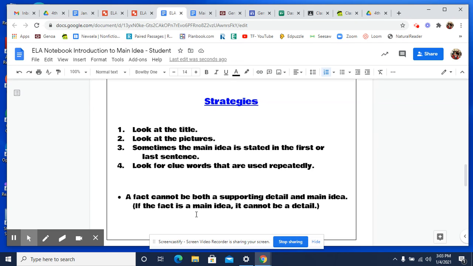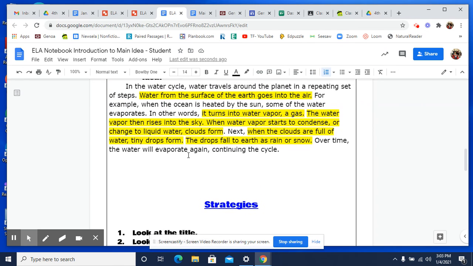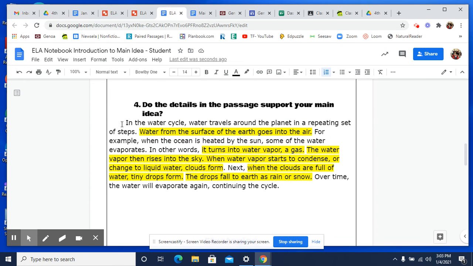What I mean by that is if the fact is the main idea, it cannot be a detail. So in other words, we already said that this is our main idea. In the water cycle, water travels around the planet in a repeating set of steps. That's the main idea. So it cannot be a detail. Okay, so if you highlighted that, you're going to have to put a little X there saying, oh, no, that's the main idea. That is not a detail.